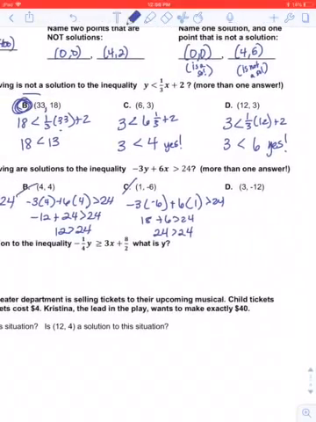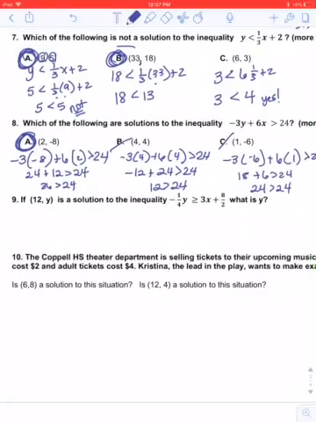I want something to be greater than, not equal to. Last but not least, got 36 plus 18. I don't even know what that is off the top of my head, but I know it's greater than 24, so that is one of my answers because that is true. What would that be, 54? Okay.